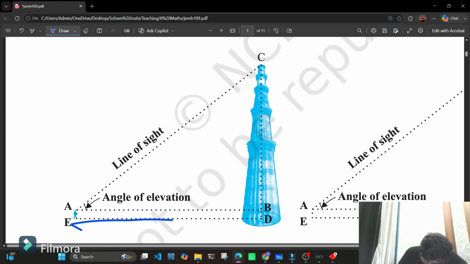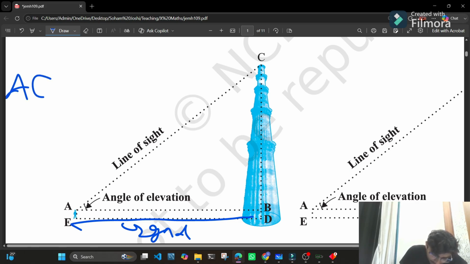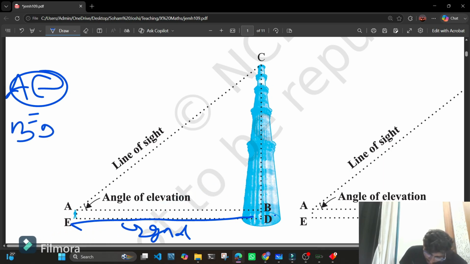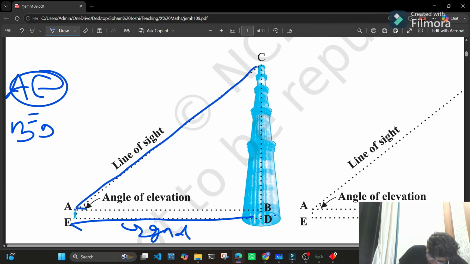So ED is the ground level, which I denote by G and D. Let's say the person is tall and his height is AE, which is also equal to BD. From his eyes, he is looking at the top of the building.